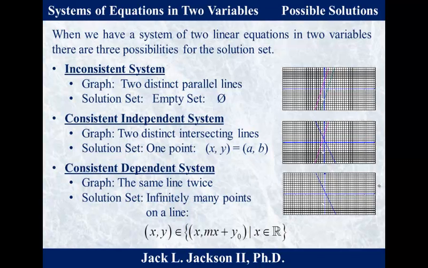Whereas the solution set in the middle one was just a single dot, and nothing at all for the first one, this time the solution set is a whole line, so it's infinitely many points on a line. We write our solution set as (x, y) is an element of the set (x, mx + y0) such that x is any real number. Of course the equation of our line is y = mx + y0. Again, the m and the y0 are specific numbers.